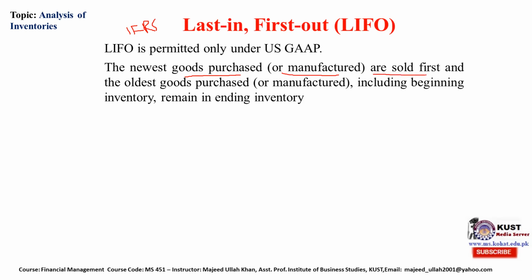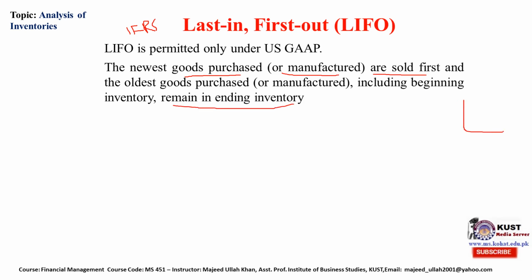It is assumed under this method that the newest, most recent goods purchased or manufactured are sold first, and the oldest goods purchased or manufactured, including beginning inventory, remain in inventory.